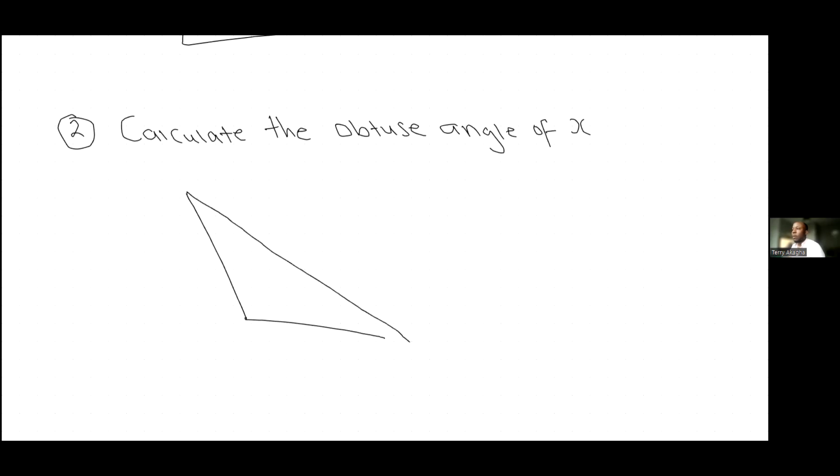Okay, and we were told that this was X, and this is 17.3, and this was 23. Okay, this was angle A, this was angle B, this was angle C, and this side here was 8.5. Okay, and this was C. Okay, so we're told to find the obtuse. So you can see they wanted the obtuse in this case.